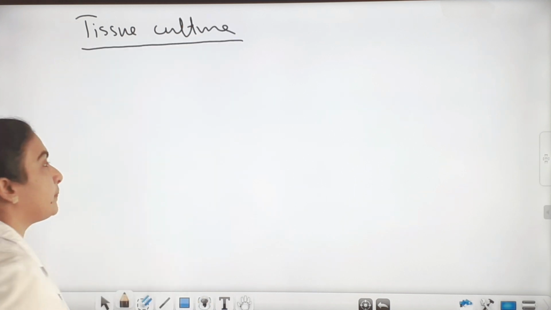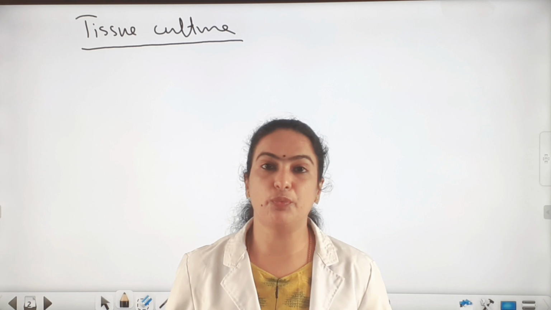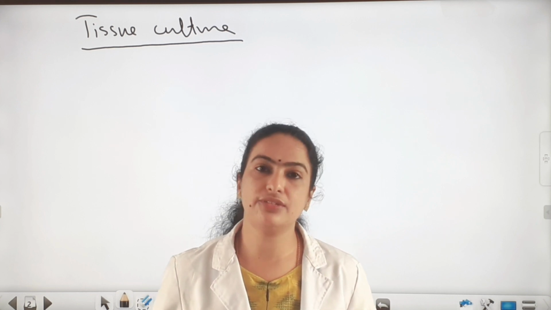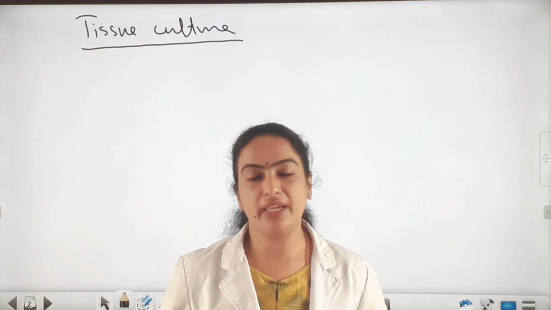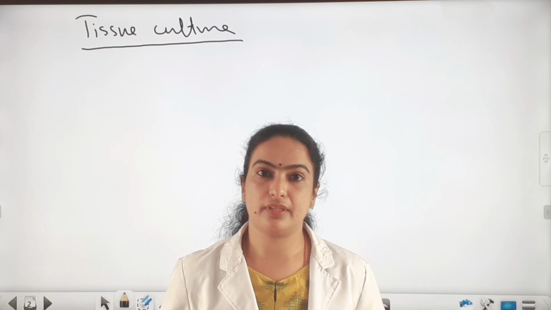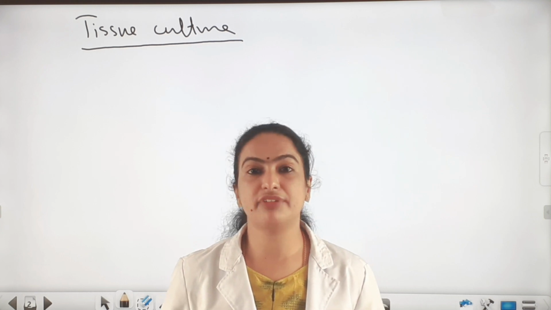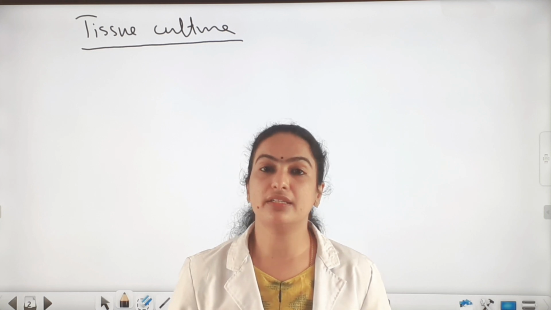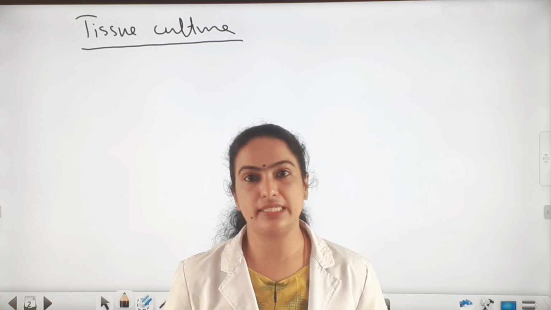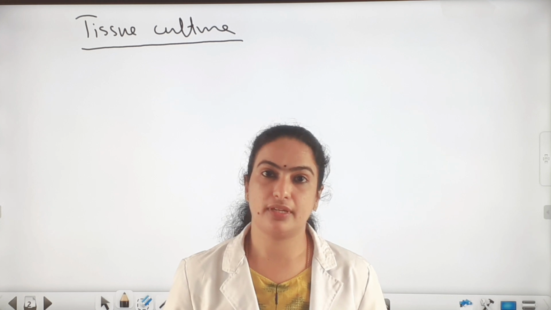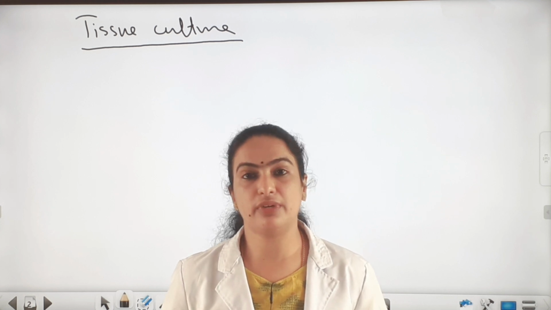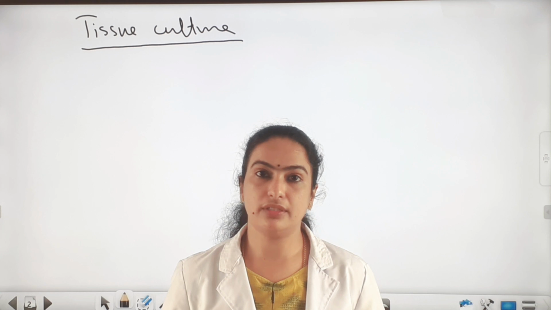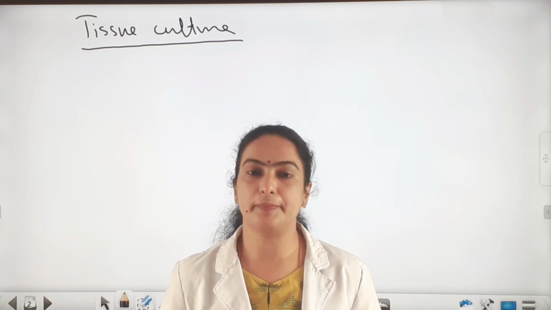Tissue culture is a method of vegetative propagation in which a small piece of the plant can be taken from the root tip or shoot tip or even from a leaf. We take a small piece of tissue and grow it in a culture medium or nutrient medium.